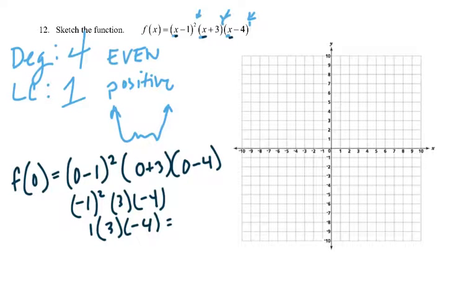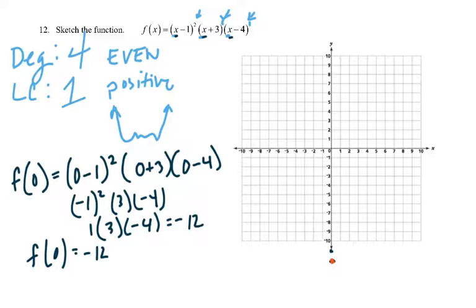That equals -12. So our beautiful y-intercept is not even on our graph, but we can draw it in. F of 0 is -12. So on the y-axis, it's going to hit at -12, which we'll put a red dot right there.